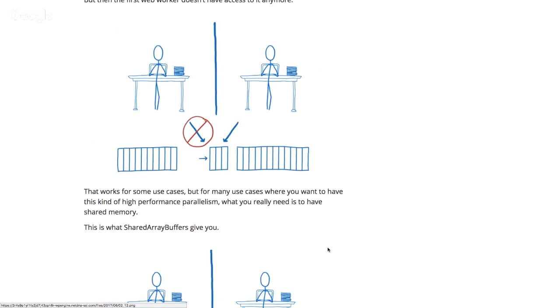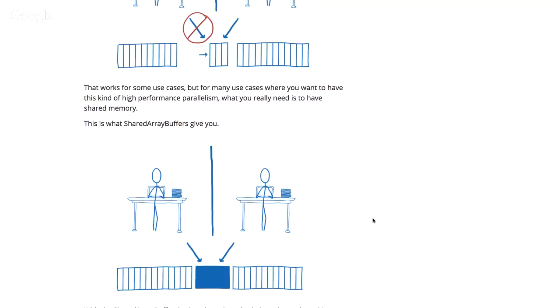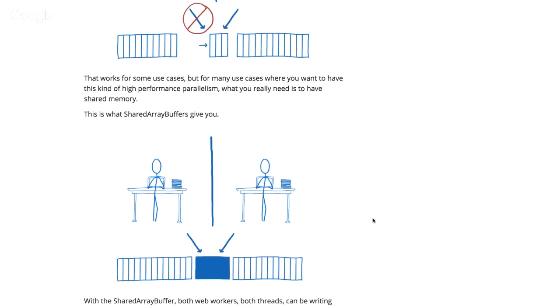That works for some use cases, but for many use cases where you want this kind of high performance parallelism, what you really need is shared memory. This is what shared array buffers give you. In some use cases, it's okay to transfer memory: if web worker 1 transfers a chunk of memory over to web worker 2, web worker 1 loses it.